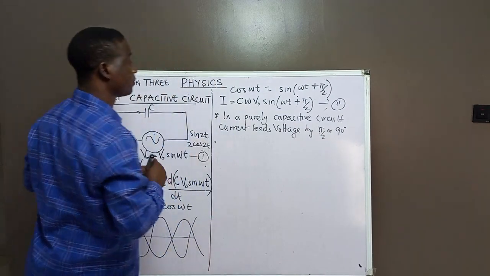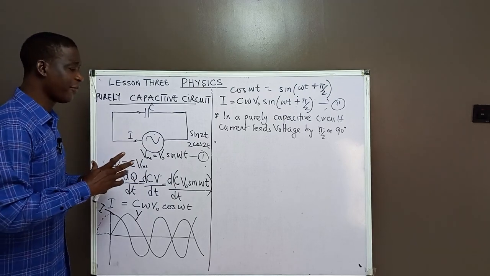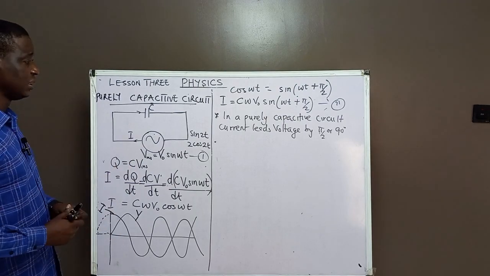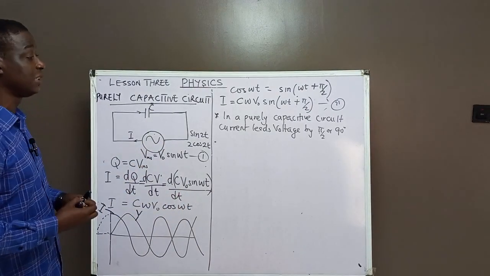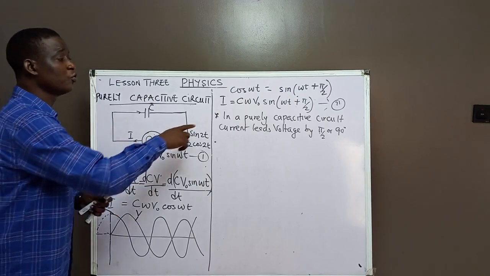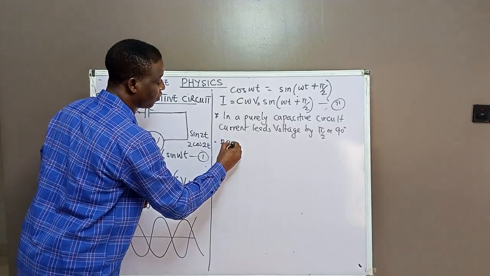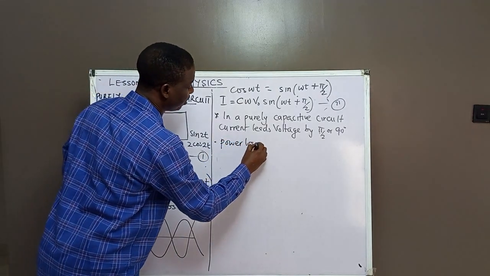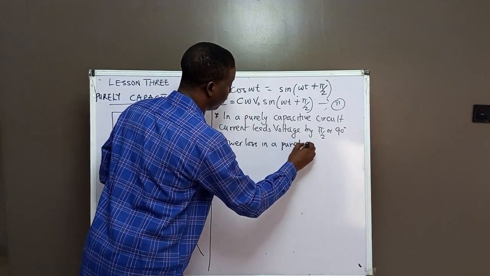That is point number 1. Point number 2 is that now we have gotten our current and our voltage, and we have discovered that current is already ahead of the voltage by pi over 2. Because of this, the power loss in a purely capacitive circuit is 0.